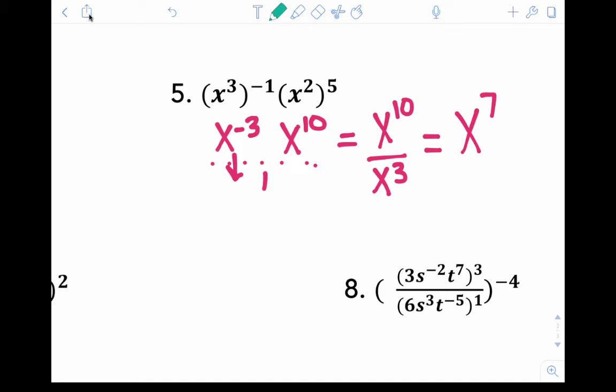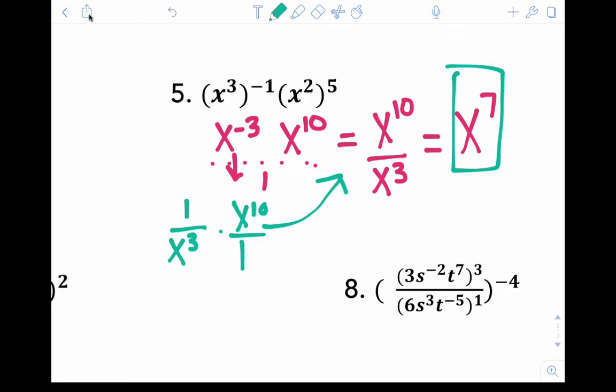Instead of using the power rule right here, you could have gone ahead and used that negative exponent rule. So you could have written this as 1 over x to the third times x to the 10th, and then you would have gotten to that point. So those are a couple different options. There's not one single correct way to go about simplifying these problems, and this is a very good example of that. No matter which way you go, you should still get the same final answer.